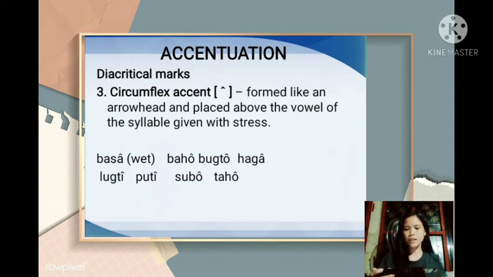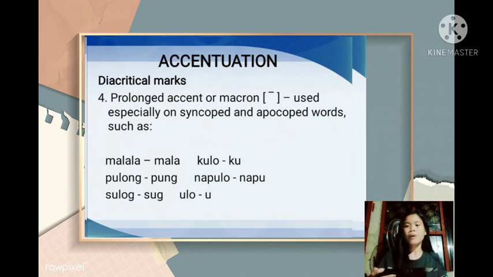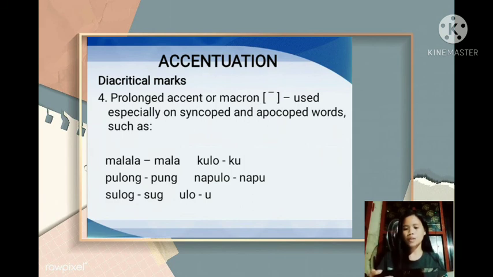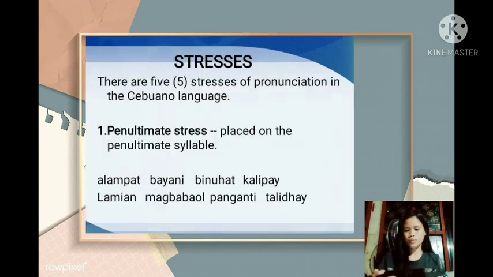Basa or wet. The fourth is the macron, used especially on homonyms and accompanied words such as mala, malala, kulong, kung, kulo, ku, sulong, sung, ulo, u.